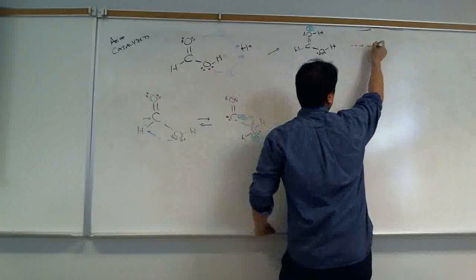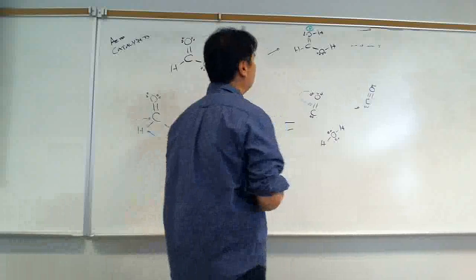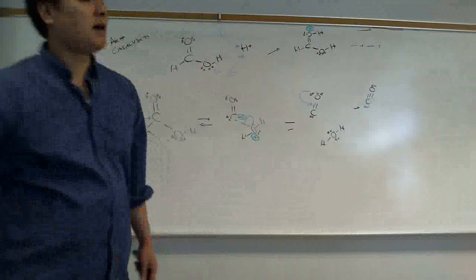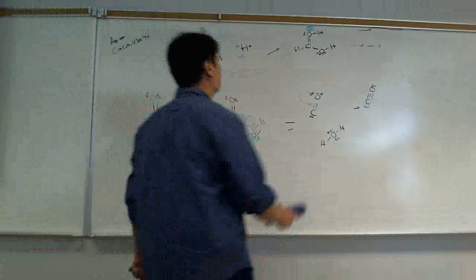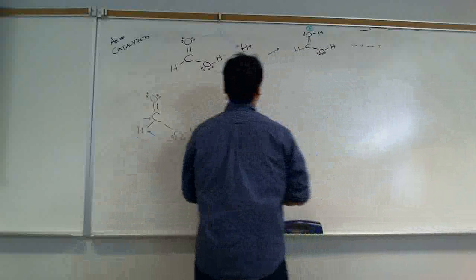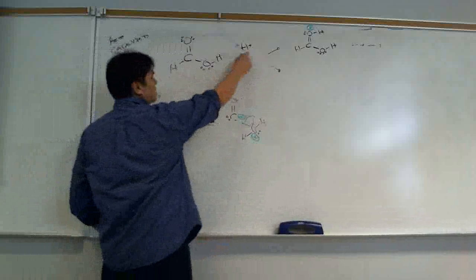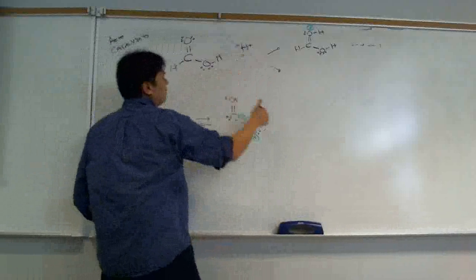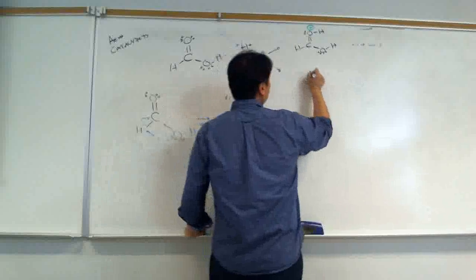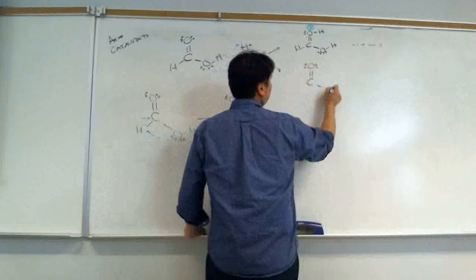But sometimes what happens is we just end up at a dead end, and we don't get anything stable. And so that's what happens if we attack one here. But if we attack two, that is, this oxygen 2 here attacks the proton, then we end up with something like this, which also looks like a dead end, but it turns out not to dead end.